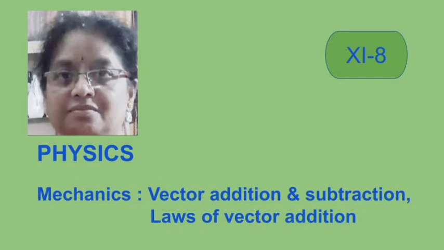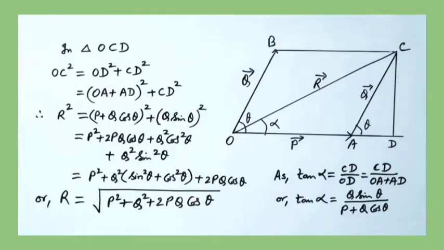The parallelogram law of vector addition is very useful in finding the resultant of two vectors in different sections of physics. So we will find the mathematical relations of vector addition by the analytical method. As you can see in the diagram, vectors P and Q acting at point O are represented by adjacent sides OA and OB respectively.